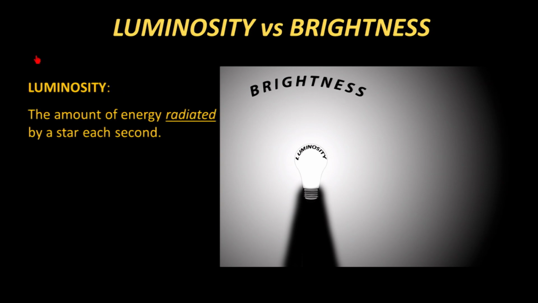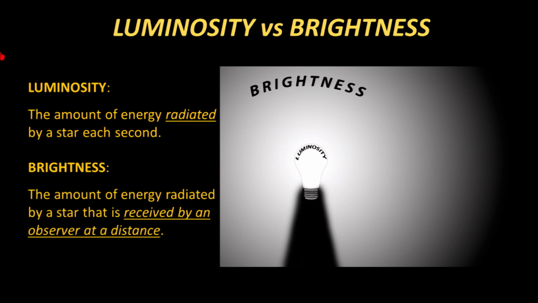Here is the definition of luminosity. Luminosity is the amount of energy that is radiated by a star, or in this case, the light bulb, each second. So it's the amount of energy that the star is physically giving off, putting into space, that goes off in all directions. Now, the brightness of a star, or a light bulb in this case, is the amount of energy radiated by the star that is received by an observer at some particular distance.